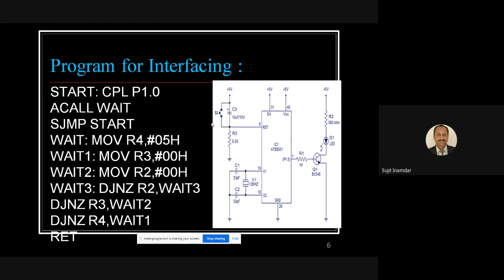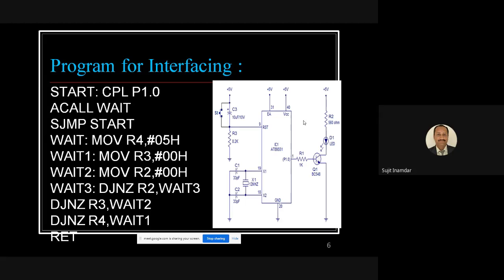It looks like a little complicated diagram, but that is the minimum requirement, the hardware and how the connections are to be done. The main part is to connect this LED to the port. The additional transistor and all that they have given in much detail in this particular diagram.